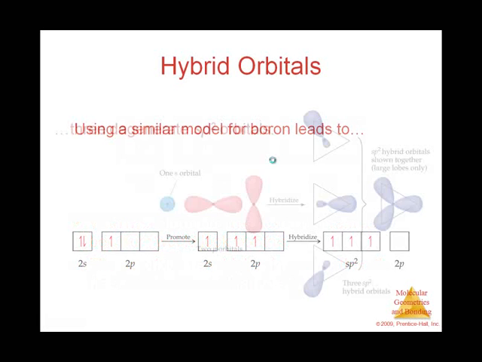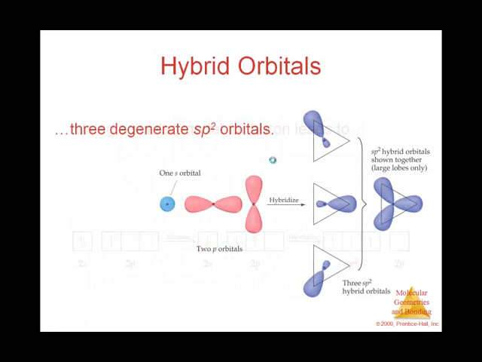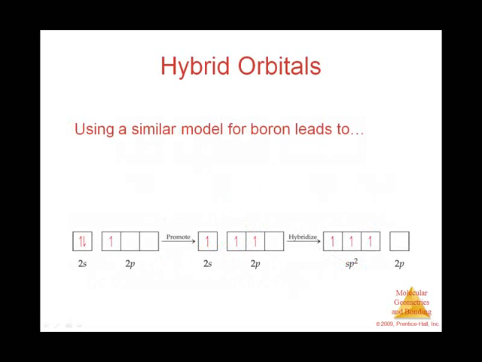Now boron, which has 3 valence electrons, I can do a similar kind of thing, right? I have 1 p electron for bonding, but I can promote this s electron to be a p. Now I have 3 potential bonding orbitals, and rather than calling them s and p, because in fact they're all the same, they're sp2 hybridized orbitals, 3 places where they can bond.